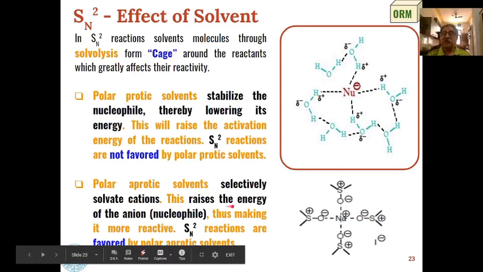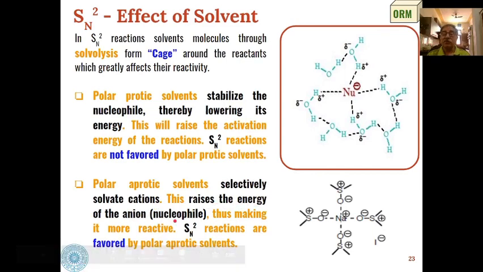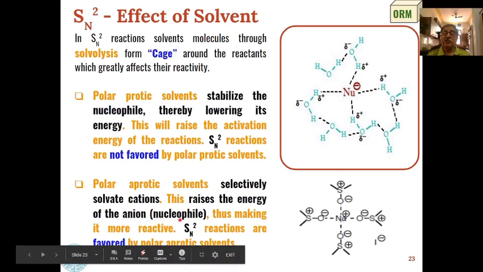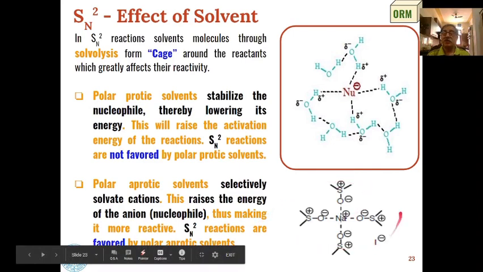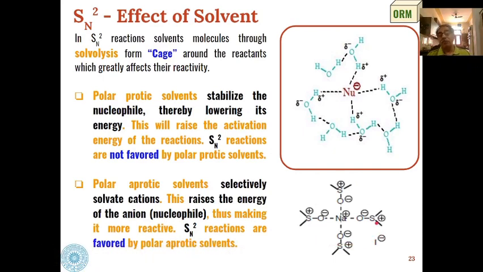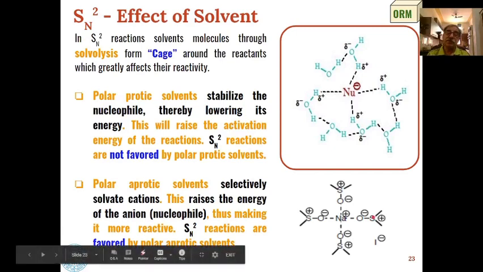If the energy of the nucleophile is increased, the activation energy will be lowered, and SN2 reactions will be faster than in the absence of aprotic solvent. So aprotic solvents increase the rate of SN2 type of reaction and favor it. We can use polar aprotic solvents for enhancement of reaction rate in case of SN2 reactions.